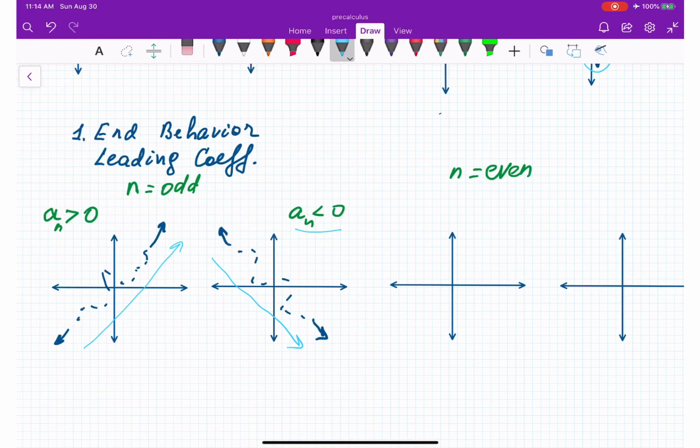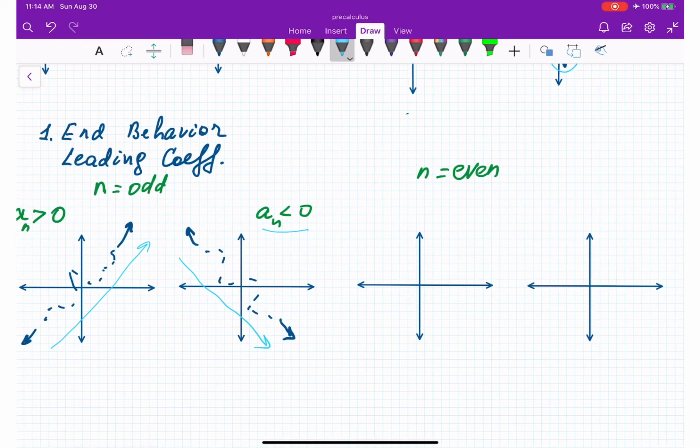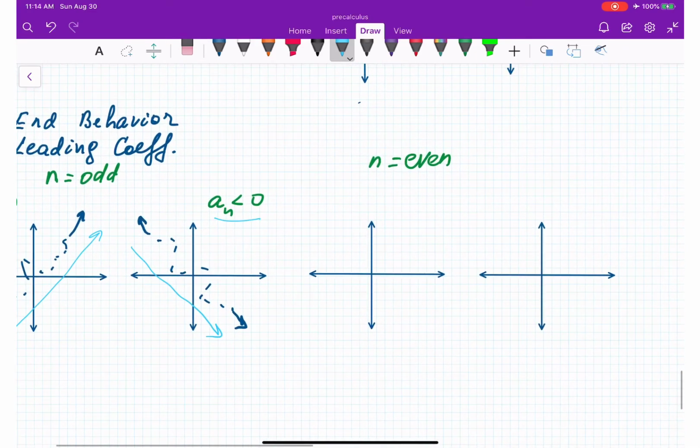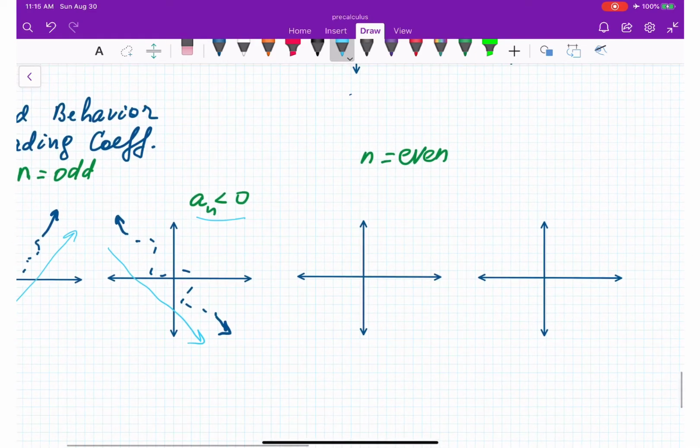Okay. Now, for the case when n is an even number, with leading coefficient a greater than 0, then in the case of an even highest degree, the end behavior is that both ends are looking in the same direction. If the coefficient is greater than 0, then both of them are looking up, rising.